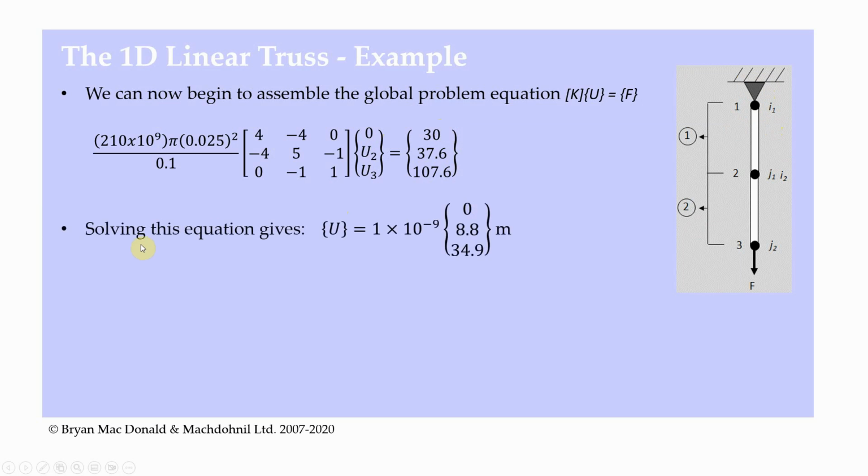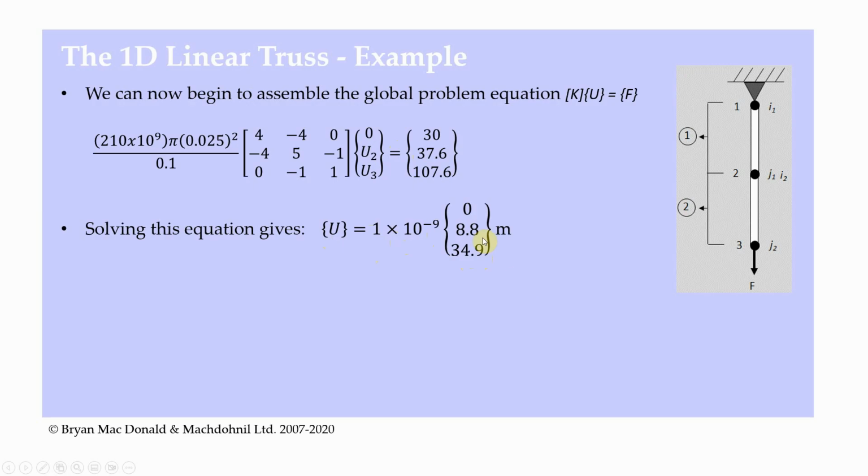I can use Gaussian elimination or something similar to solve that. In this case, I end up finding that the displacement vector is 1 by 10 to the minus 9, 0, which I knew already. Node 2 has moved 8.8 by 10 to the minus 9 meters, and node 3 has moved 34.9 by 10 to the minus 9 meters.